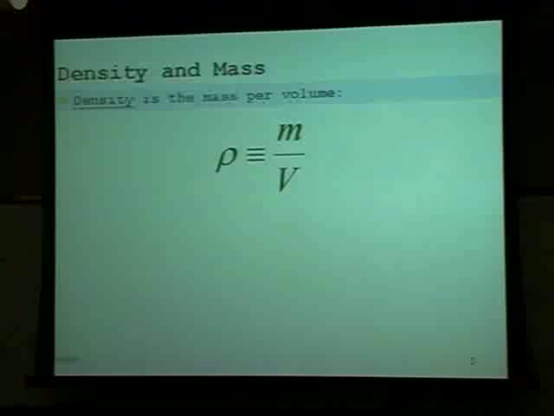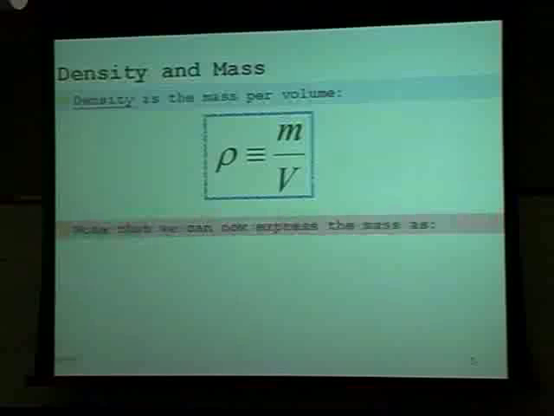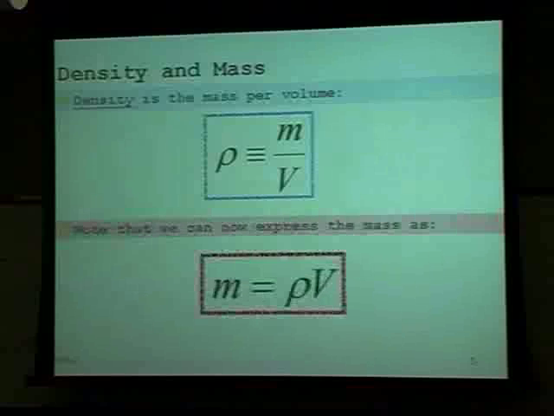What is nice here is that we actually want to deal with fluids in terms of masses, because that's what we're accustomed to. We've been dealing with mechanics, and we want to apply our knowledge of mechanics to a fluid. So, with this definition of density, we're going to rearrange it and write it like this.